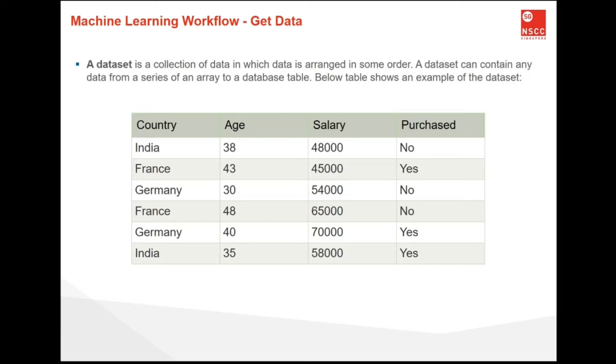There are different types of data in a dataset. We have numerical data, such as age, salary, house price, etc. We can also have categorical data, such as yes or no, country names, and ordinal data.